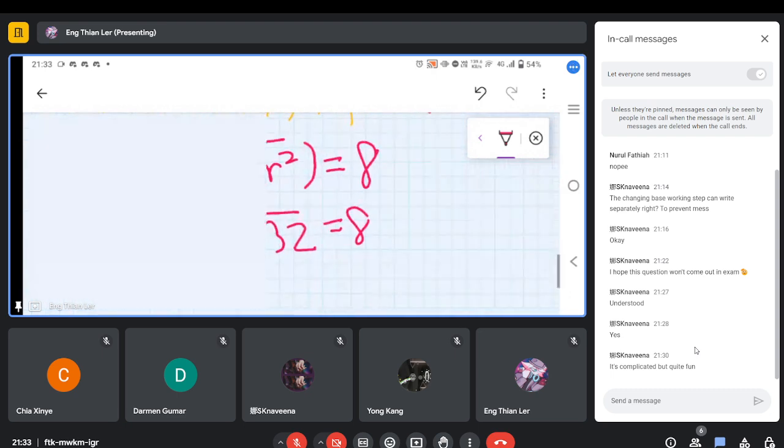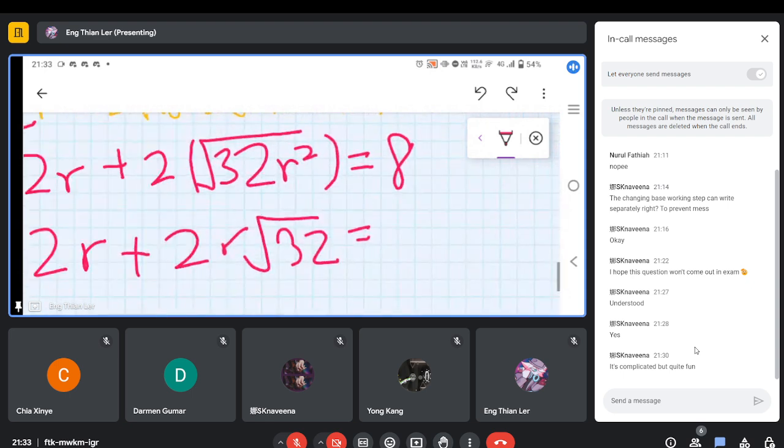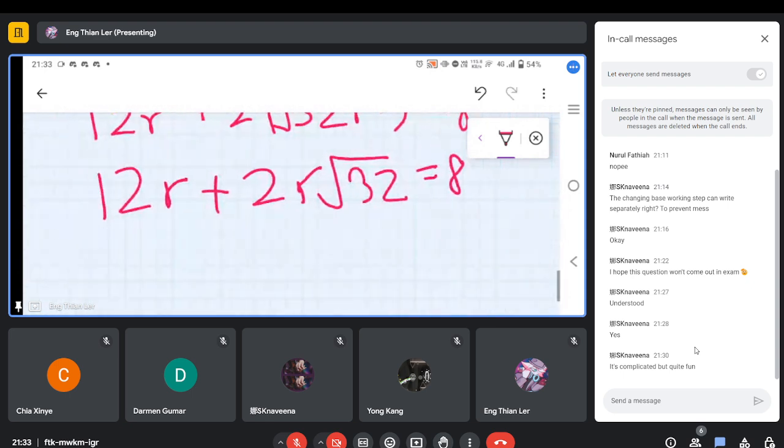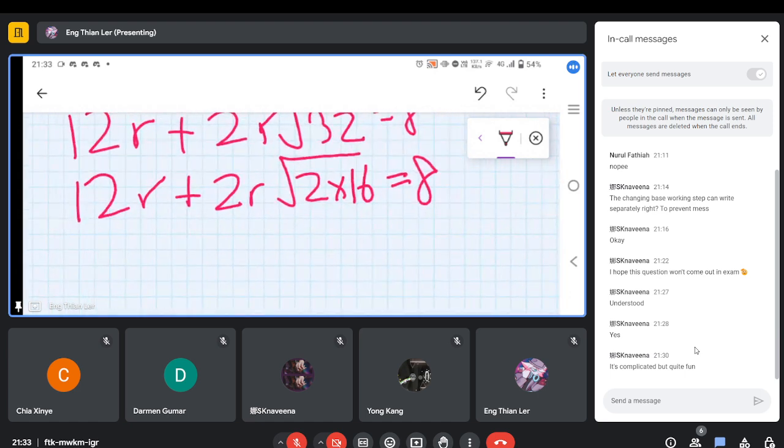Oh, look at this, this is just r already. But first, I'm going to simplify the square root of 32. We know that 32 is 2 times 16, and the 16 is equal to 4 square.